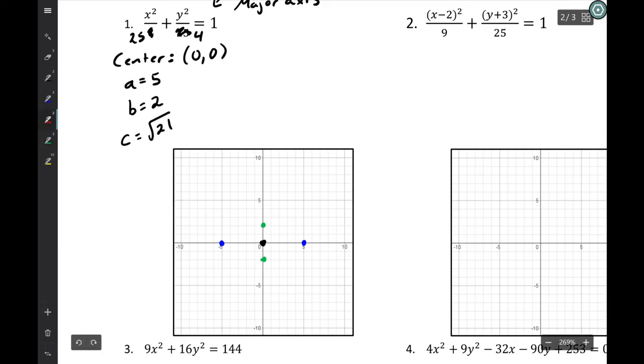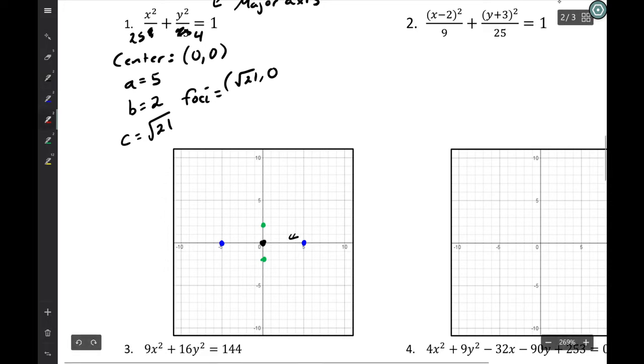And to plot my foci, I need to figure out where they are first. I know my foci are going to be somewhere in here, because it's horizontal. So they need to be like here and here somewhere. So if I look at my center, I can find the foci. The foci are equal to the square root of 21, comma 0, because the distance C is the square root of 21.